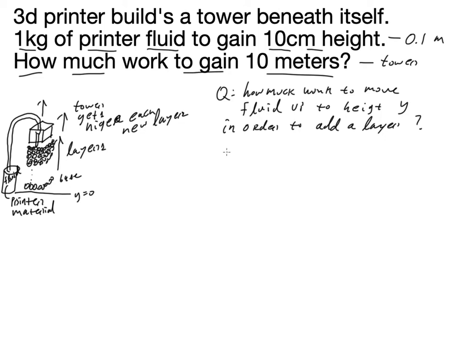Okay, so that's the basic question, and the idea here is, if here's our tower like this, each layer gets added on, and of course the first layer, there's no work involved because you didn't actually move any mass up against gravity, right?